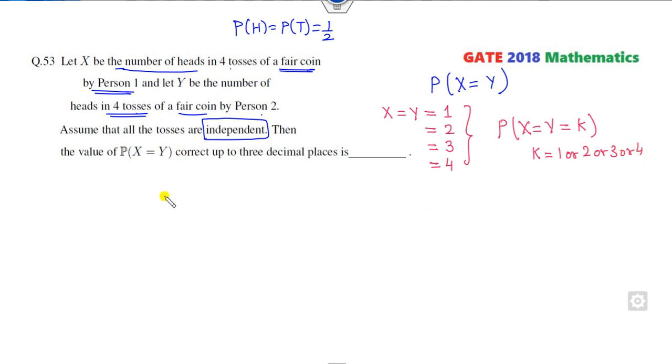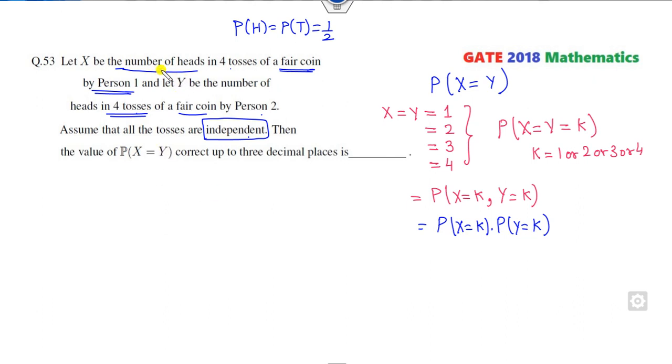Now I can write this expression in this form also: x is equal to k, comma y is equal to k. There is no problem, where k can be any number. Since they are independent, I can write this as probability x is equal to k times probability y is equal to k.